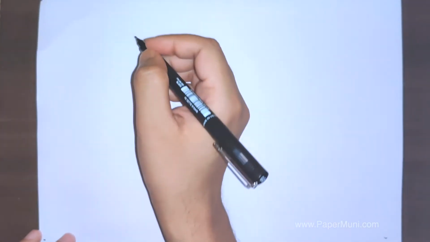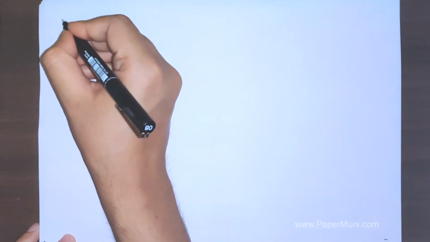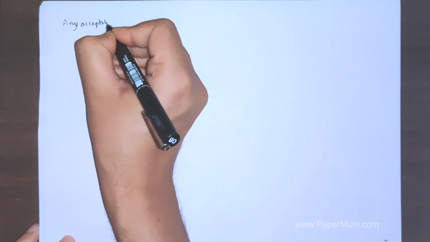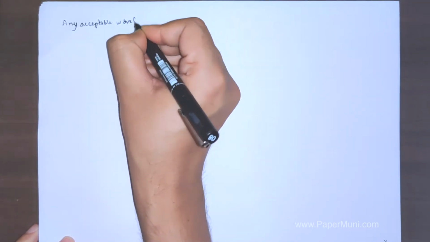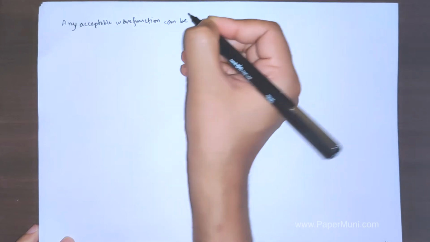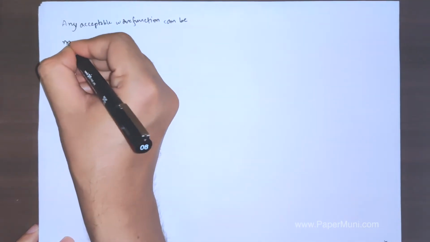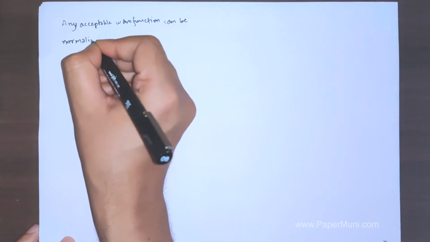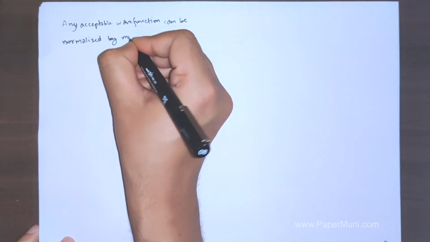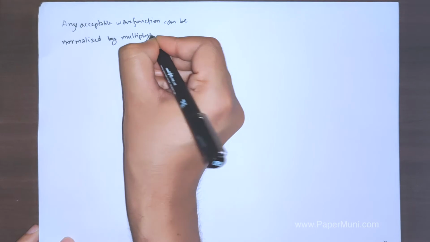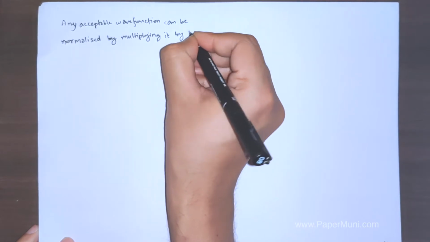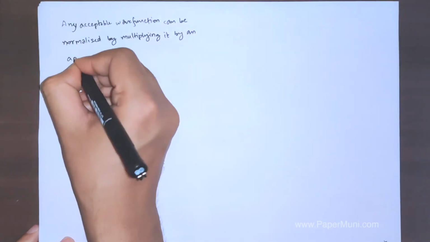Now we learned that any acceptable wave function can be normalized by multiplying it by an appropriate constant.